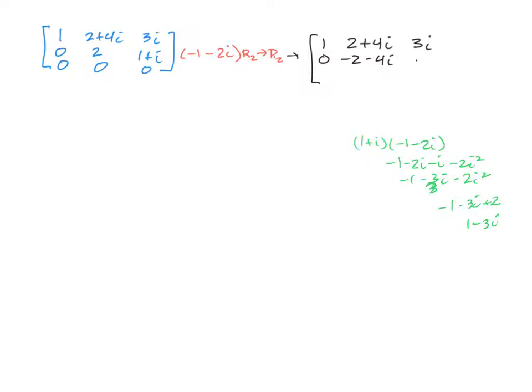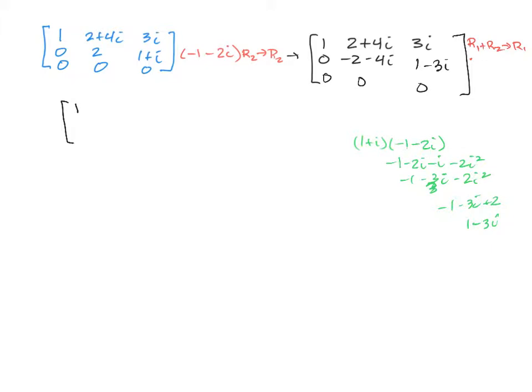We're going to have, again, a 1 minus 3i, and, of course, a row of zeros down below. Now we'll add row 1 plus row 2 and put the result into row 1. In doing so, 1 plus 0 still stays a 1.